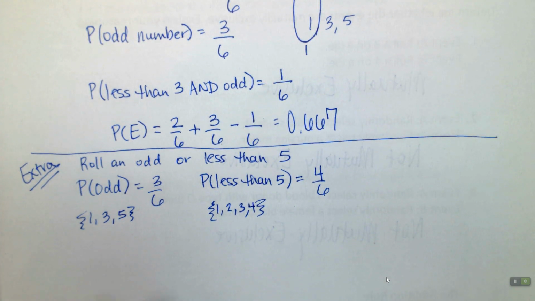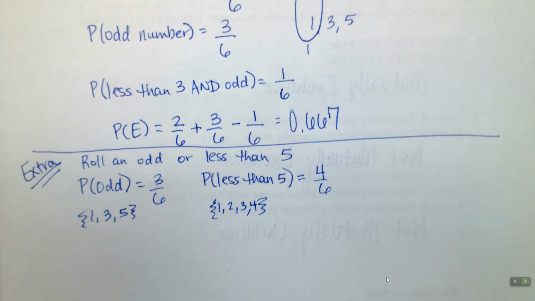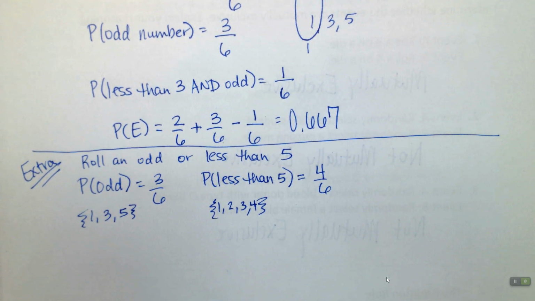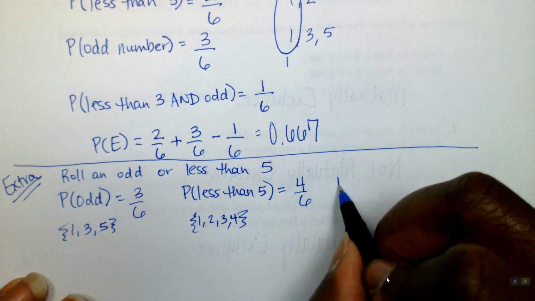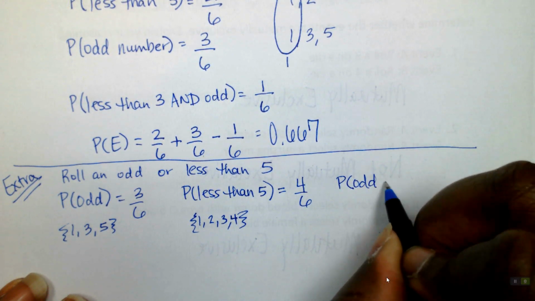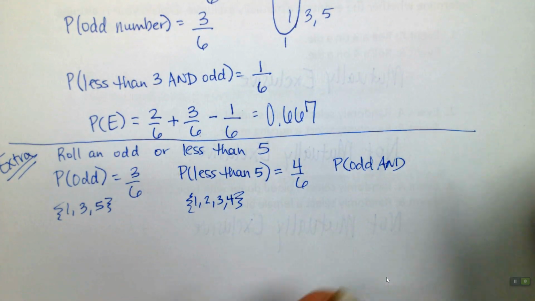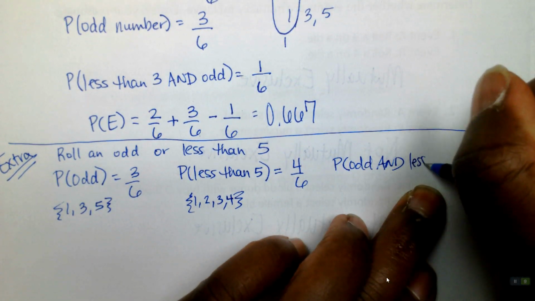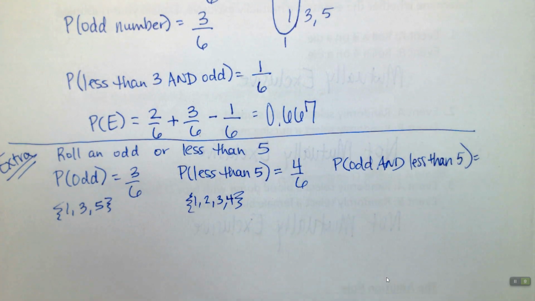This time we have two numbers. We have the number 3 and the number 1. So we have two numbers this time. 1 and 3. You don't have to write it out this long like I'm doing it now. This is just for teaching purposes.